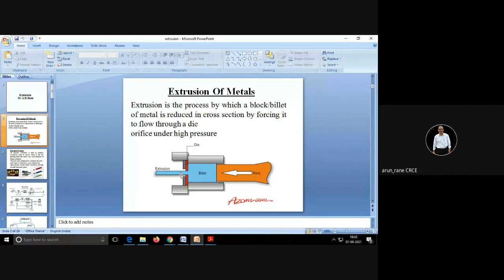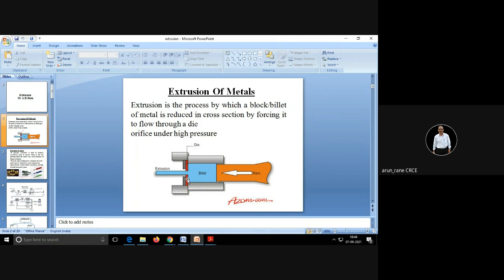The dies used for extrusion are called extrusion dies. Dies used for closed die forging are called forging dies, and so on. Because of this pressure, the billet is pushed and extruded, and it takes the shape of whatever cavity is cut inside the die.